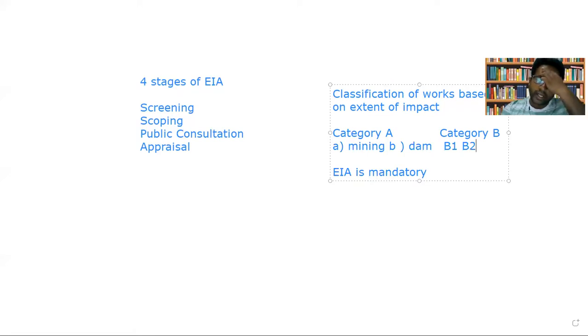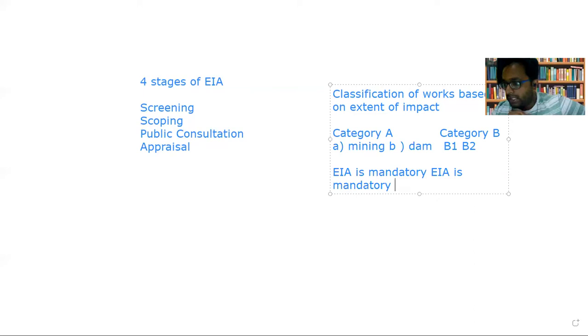Okay, based on the degree of impact caused, category B can be further subdivided into category B1 and category B2, of which for category B1, again EIA is mandatory. EIA is mandatory in the case of category B1. Okay, so this is how the classification of works is done based on the extent of impact caused. Okay, this is just an intro class. We'll be discussing in detail about all these things, so don't worry.